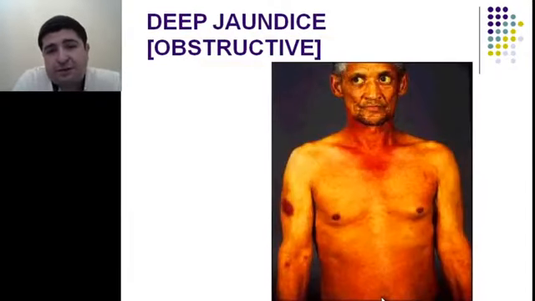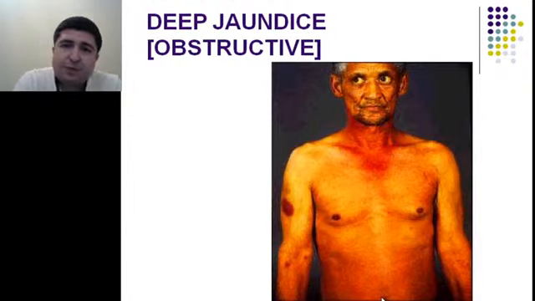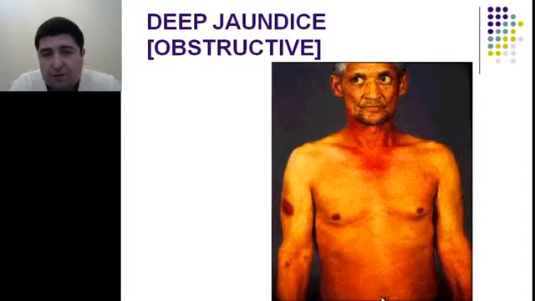Here you can see a classic patient with mechanical jaundice. Usually these patients have icterus of the eyes and icterus of the skin: yellow skin, yellow eyes.